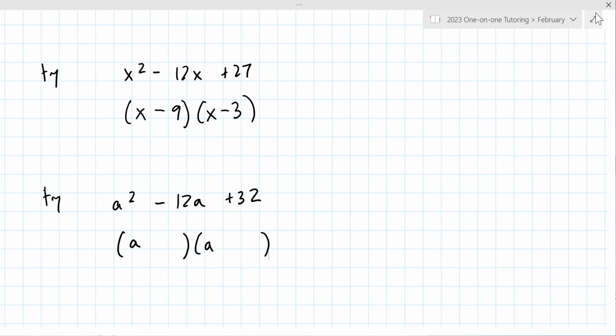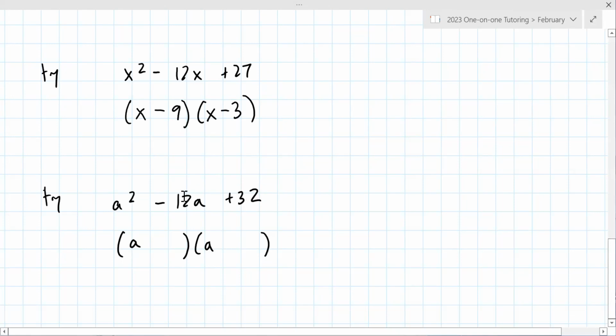Is that a 12, too? It is. It multiplies to 32, but adds up to negative 12.